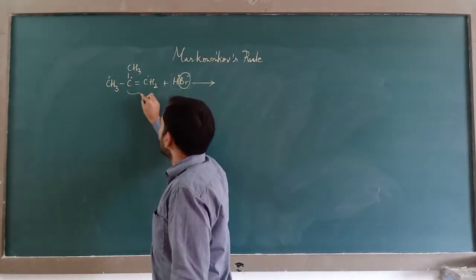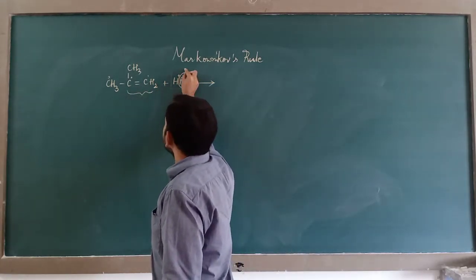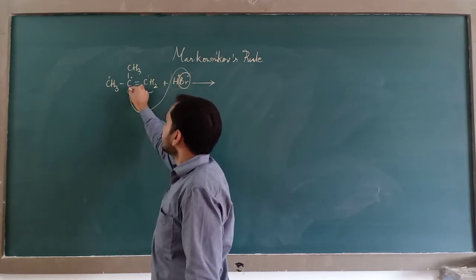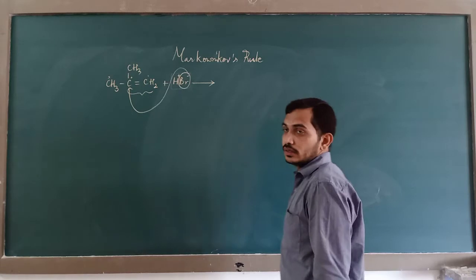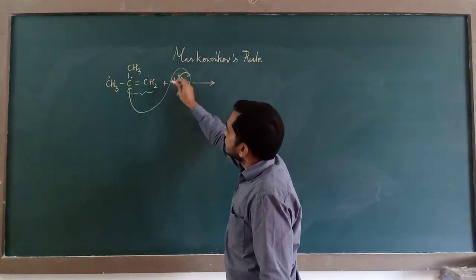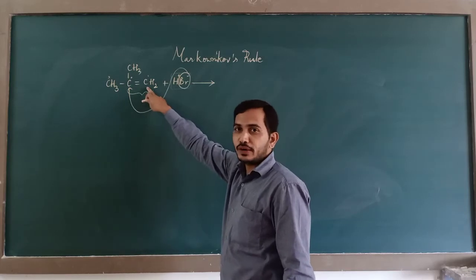So you select the double bonded carbon atoms and you transfer the negative part of the molecule to the carbon which contains less number of hydrogen atoms. The other way, the positive part should go to the carbon containing more number of hydrogen atoms.